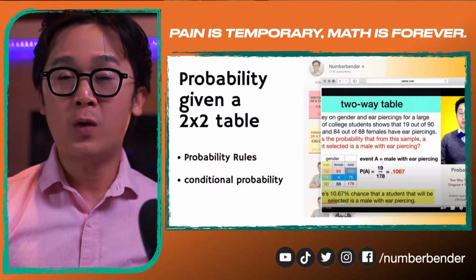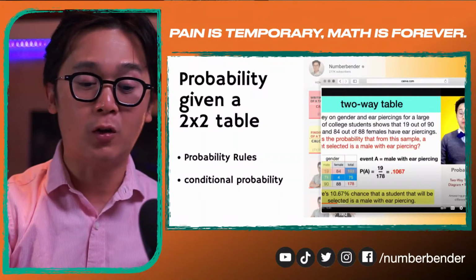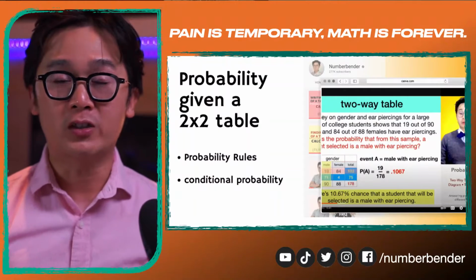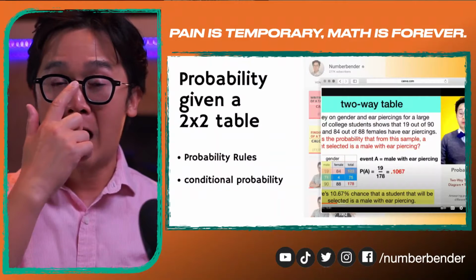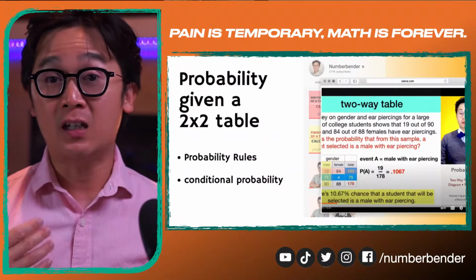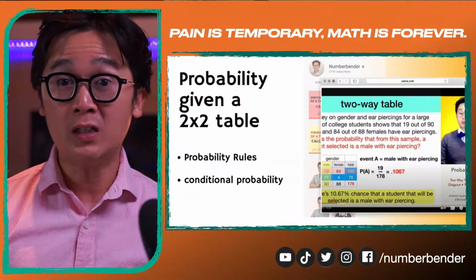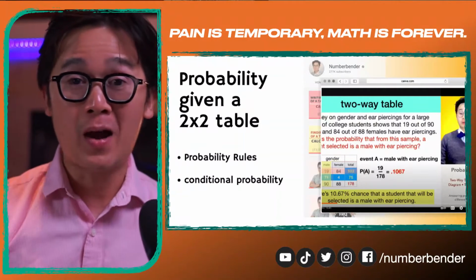And another way of representing sample space is in a contingency table or a two-way table. So in this particular type of probability, you need to know how to read a two-way table. Every time I discuss this with my students, I ask for a survey from my own students.